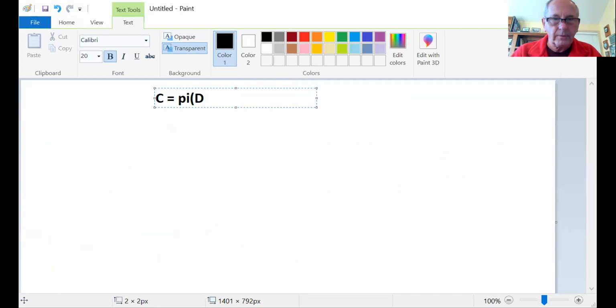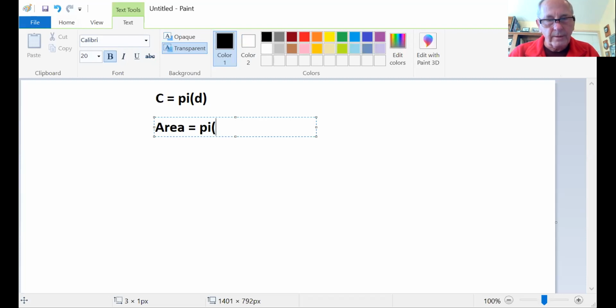Are we using small d or capital D in that? Small. Thank you. Okay, but area is equal to pi r squared, right? R is squared, like that.